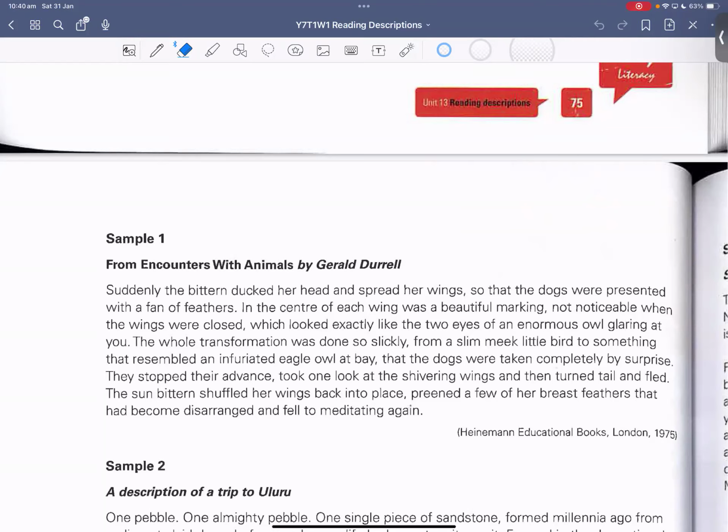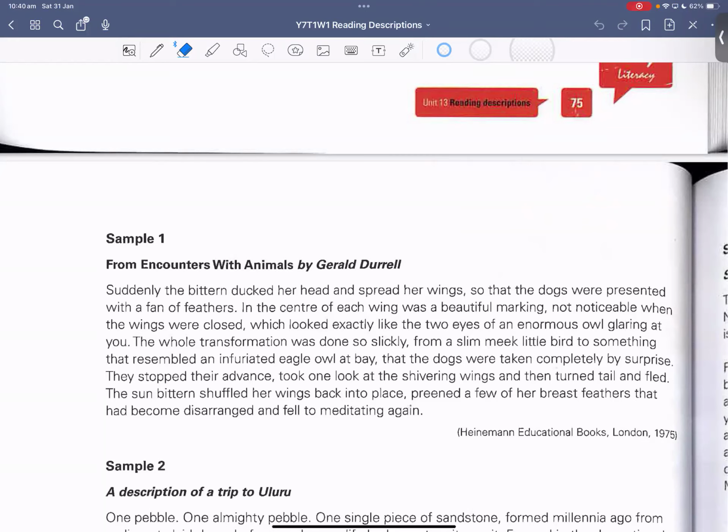They had stopped their advance, took one look at the shivering wings, and then turned tail and fled. The sun-bitten shuffled her wings back into place. Green and a few of her breast feathers had become disarranged and fell to meditating again.